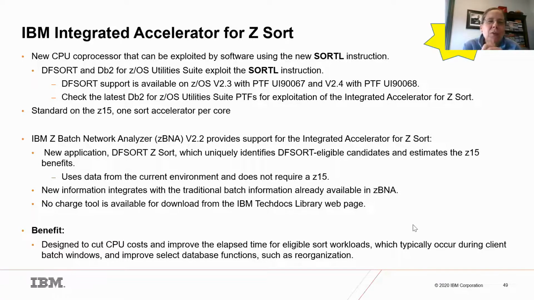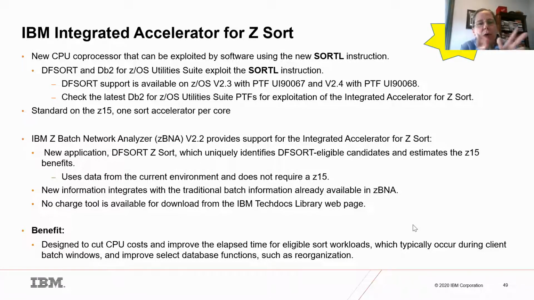And also we have another one, Db2 for z/OS Utility Suite. Those two products need PTFs in order to install so that you can use the new SORTL instruction with the Z15 coprocessor that we have. Now, how much benefit are you going to get? Well, where do you go? You go to the z Batch Network Analyzer, because it seems like that's where you go for everything nowadays.